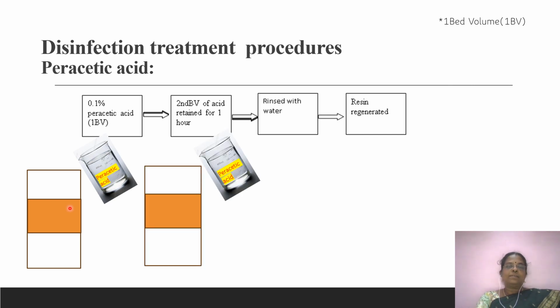Second time, you take another bed volume of peracetic acid and pour it in. Don't remove this acid, just soak the resin in it for 1 hour.